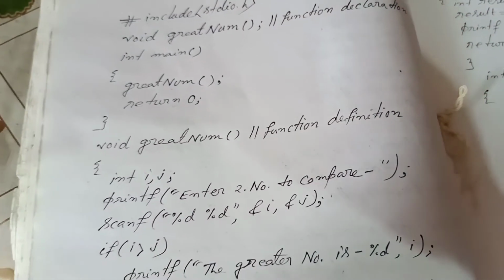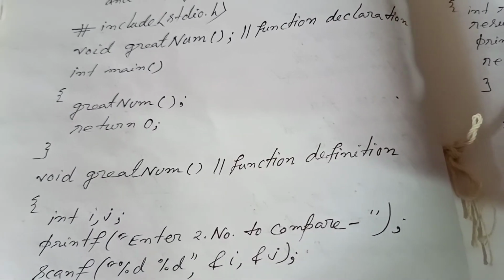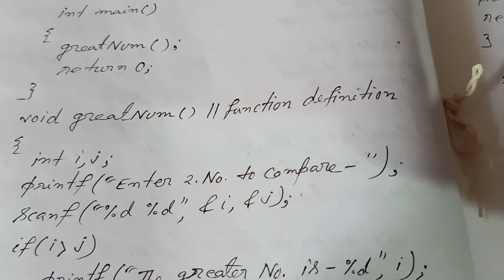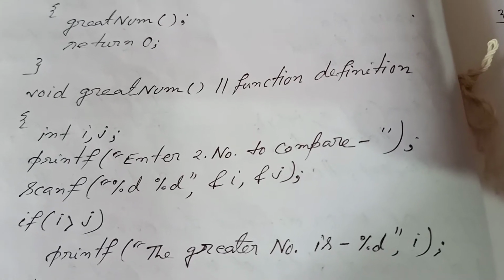Next, void greatNum is the user-defined function. Here we are taking two inputs, int i and j.